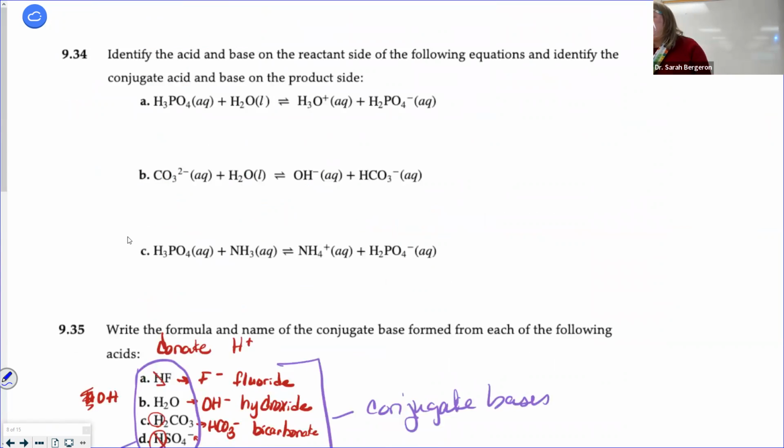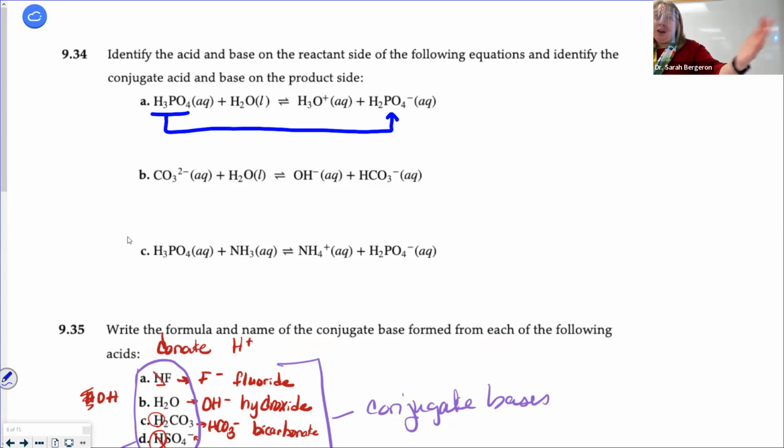All right, so now when we do these next ones, all you have to do is what we did at the very beginning of the chapter, where we identify the acid, we identify the base. But remember in the iClicker questions, we said, what happens to that acid when it loses its hydrogen ion? What does it become? The conjugate base. So look at A. H3PO4 turns into H2PO4 minus. What happened?